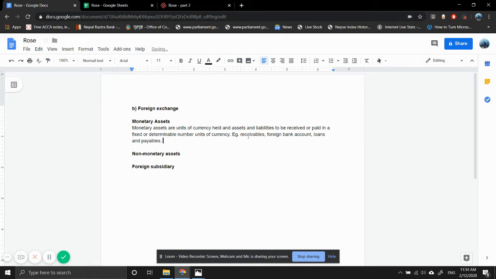Payables, and then monetary assets or items are retranslated using the closing exchange rate at the year end.